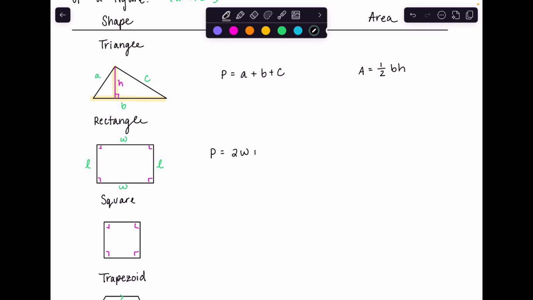It's 2 times the width and you have 2 times the length. And then the area of a rectangle is length times width. Okay. And again, that's where the triangle formula comes from because the length and the width form that 90-degree angle. And my triangle is half of that when I cut this down the middle.